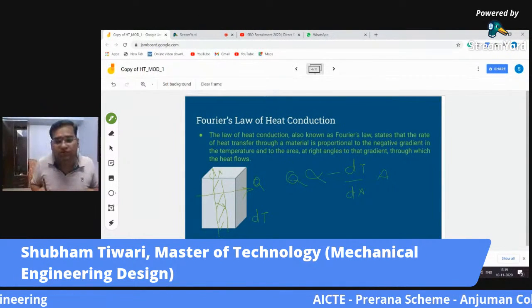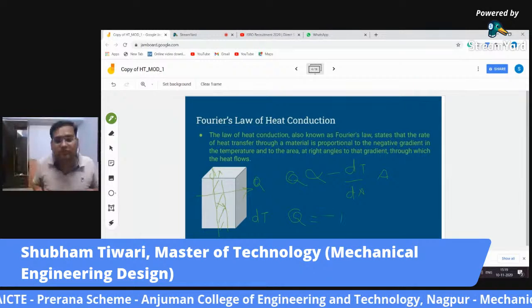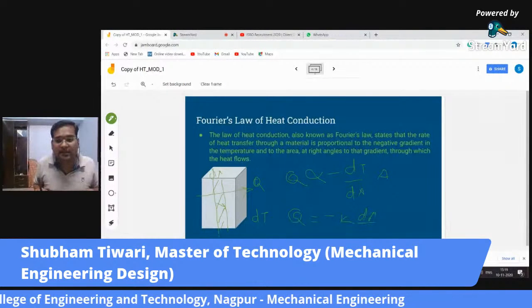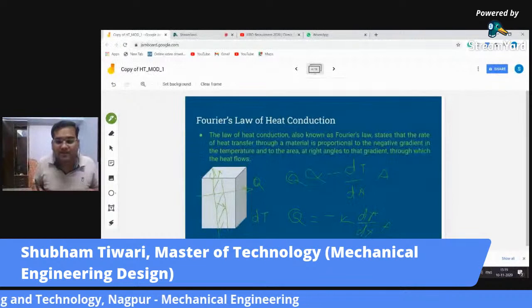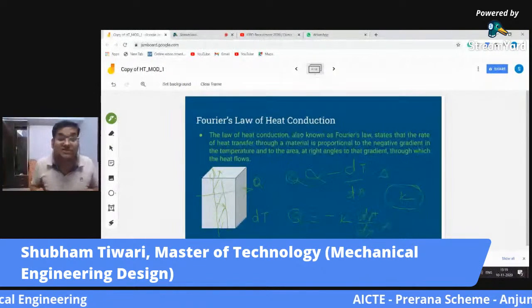Now to remove this proportionality sign, we have to introduce a constant, let's say K, so Q equals minus K A dT by dx. This K is known as thermal conductivity. So what is thermal conductivity?